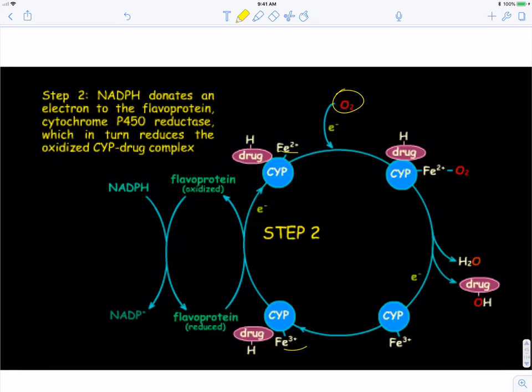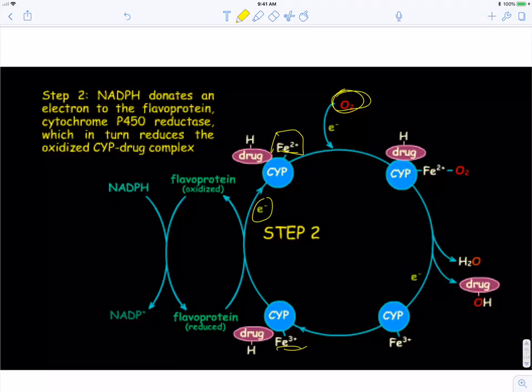So in the second step, once we have formed this adduct with the drug, we have a reduction by 1 electron to form now the iron 2 state. And the iron 2, or ferrous, state of the enzyme is the one that can go on to coordinate molecular oxygen.